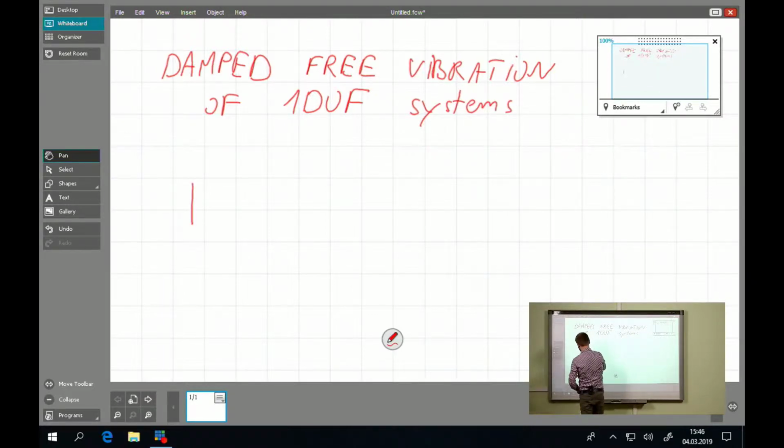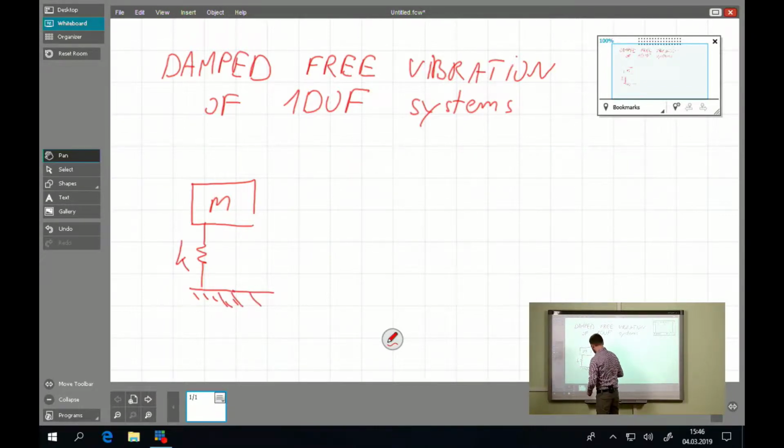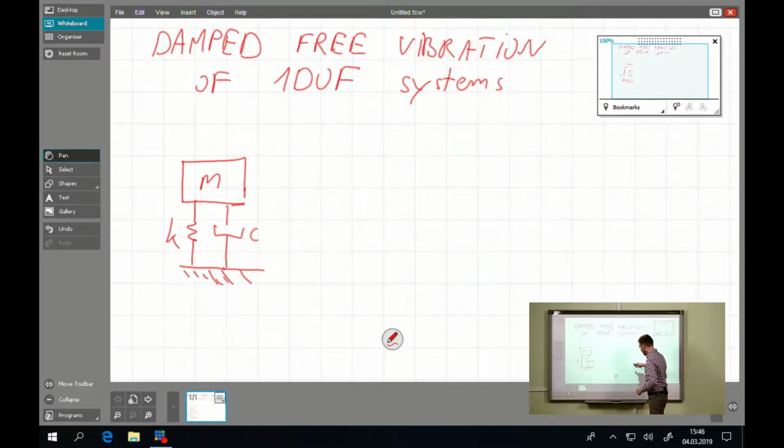Okay, and last time we were considering such a case, I mean the sprung mass with the constant spring coefficient K. This time we will take into account the damping and we will get such a thing.